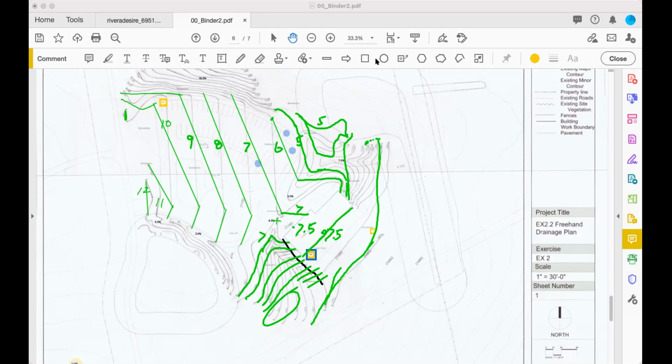Oh, scratch that. 97 is over here. And 97 is some, no, sorry, I just can't see very well here.